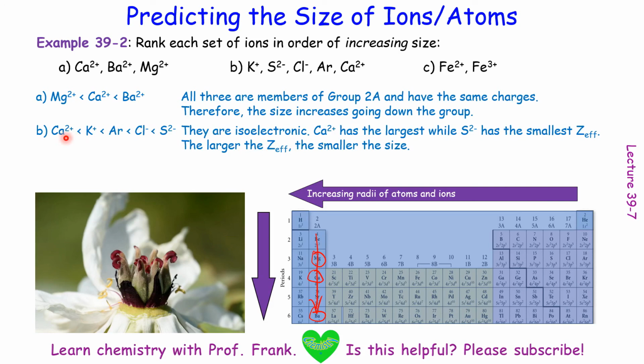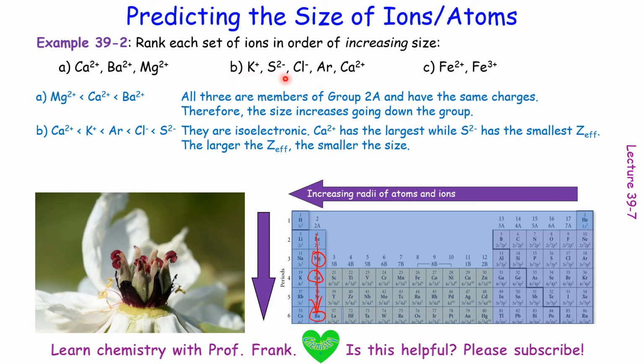If you take a closer look at B, you will realize that they are isoelectronic. In other words, this is an isoelectronic series. For an isoelectronic series, whichever has the largest effective nuclear charge should have the smallest size.